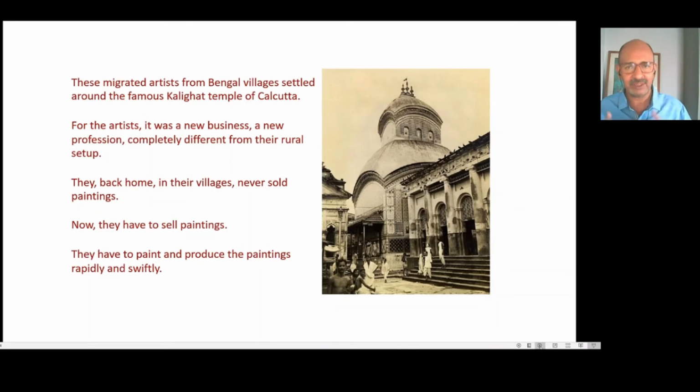But now the painters, for the first time, in an unknown setup, in urban Calcutta, were about to sell their paintings, and they did. And because they were selling to unknown customers, not to known patrons, to floating customers, these Kalighat painters every time faced a challenge to produce something novel, something new, something attractive.